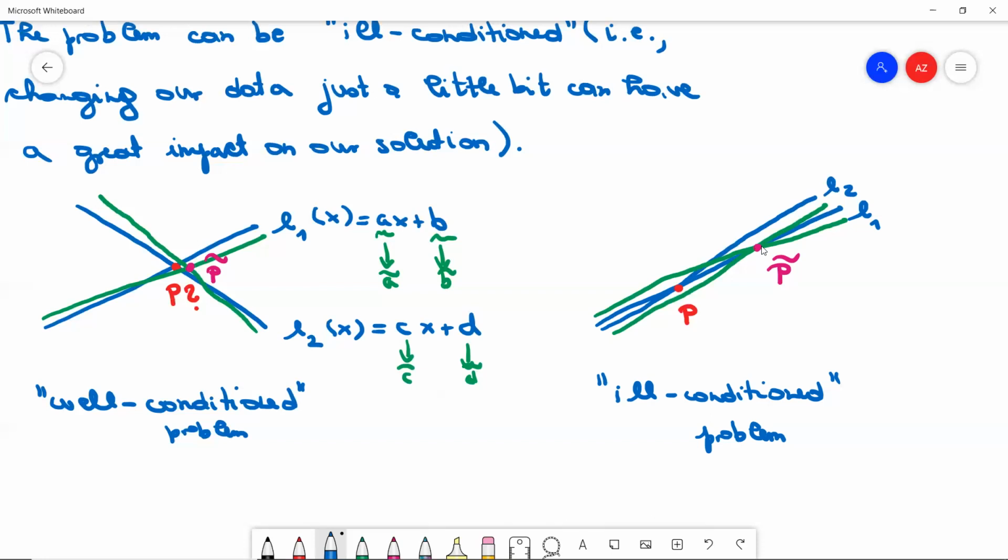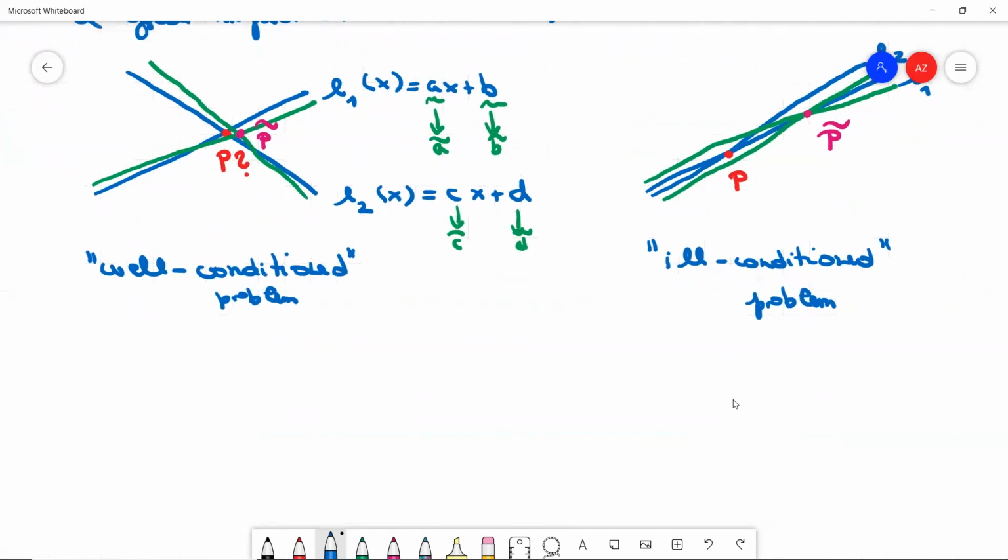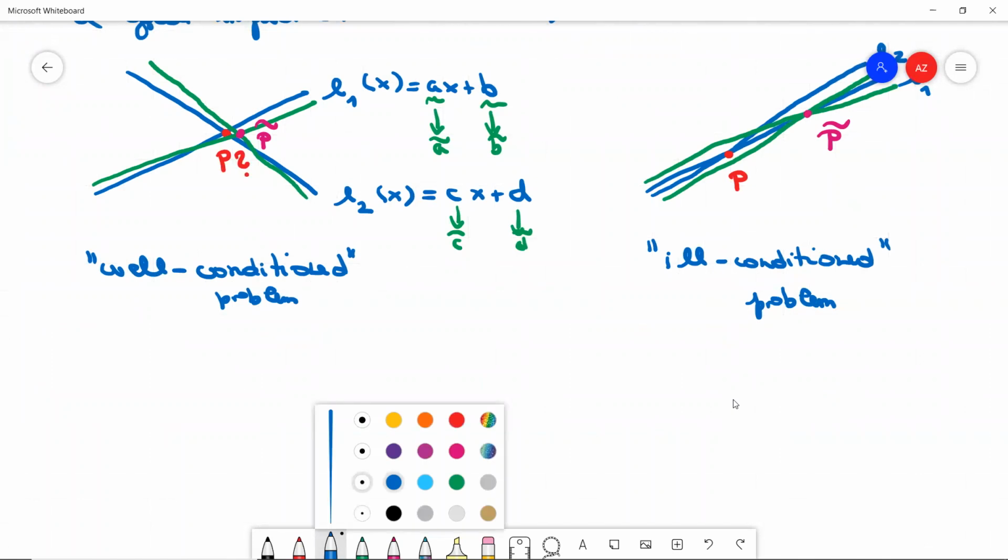So we cannot expect to improve this error with our method, because it is there. This error is incorporated already in the problem. So we don't want to solve an ill-conditioned problem. If we have an ill-conditioned problem, then we have to reformulate it in some way to make it well-conditioned. This is the first thing which I would like to stress.